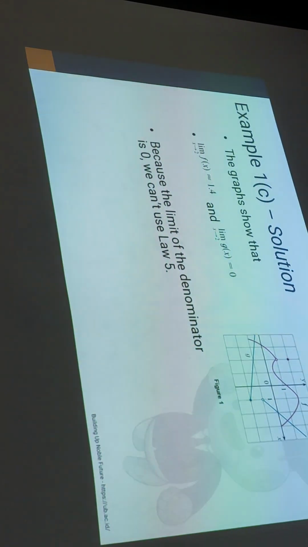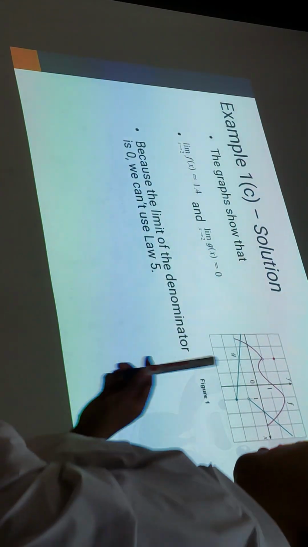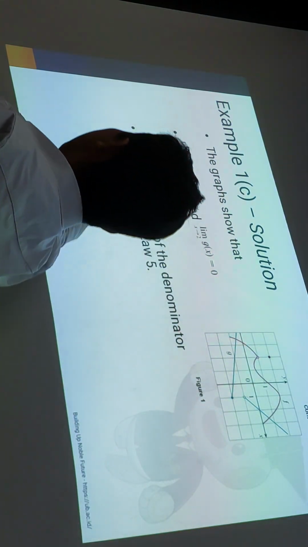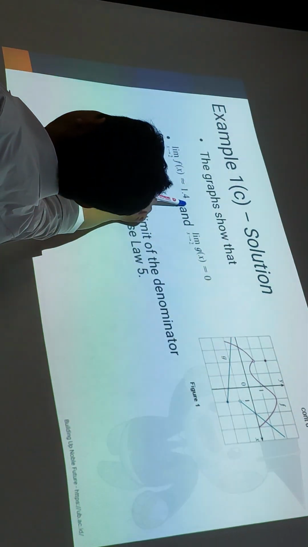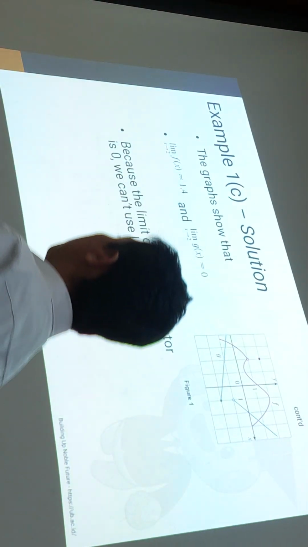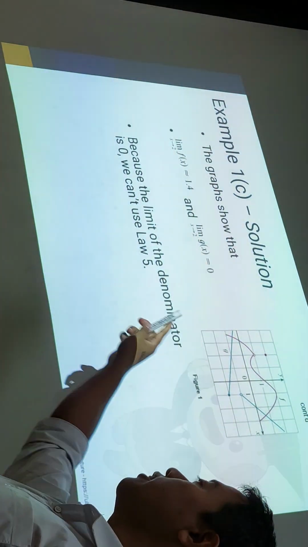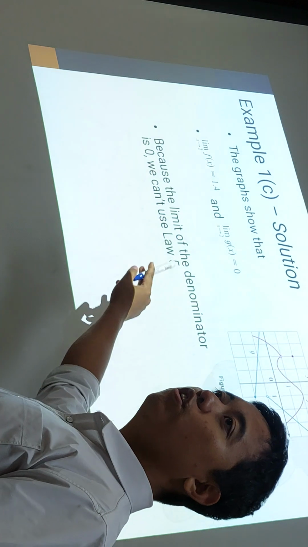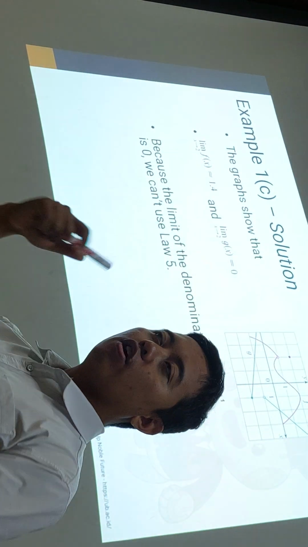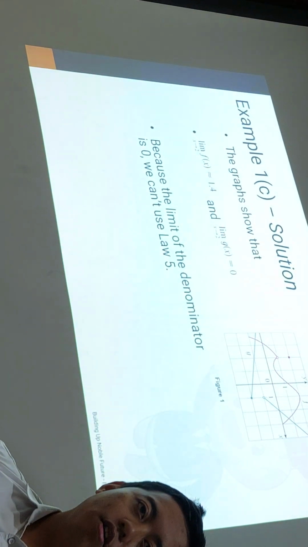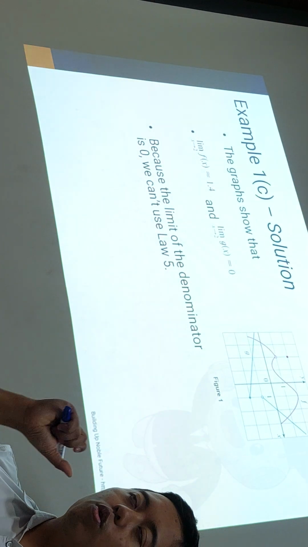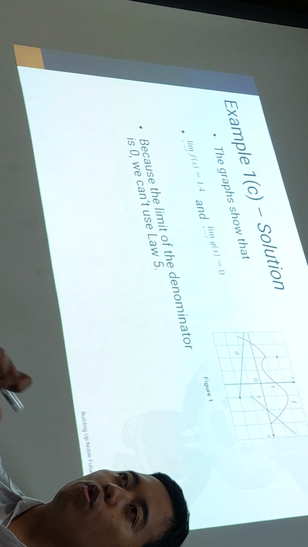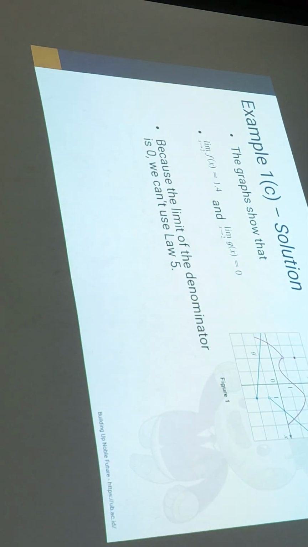So the third equation, example 1c. If limit x to 2 f(x) equal to 1.4 and limit x to 2 g(x) equal to 0, because the limit of the denominator is 0, we cannot use law 5. Because for law 5, we need to make sure our assumption is that the denominator is not equal to 0.